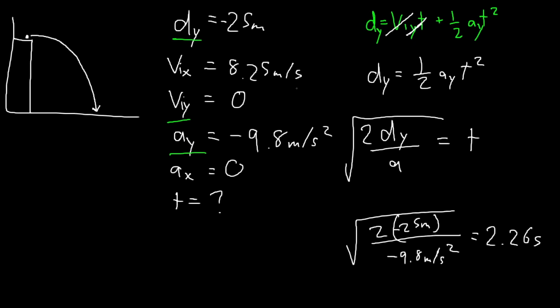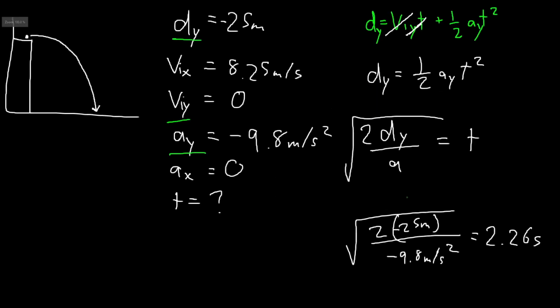If we put positive values instead, positive 25, then positive 9.8, everything's positive, we will get the same result because negative divided by negative is just positive, isn't it? So it's going to become the same answer. As long as the signs are consistent, it's not a problem. You don't really have to use negative signs. But if you want to be safe overall, I suggest using the negative sign still.